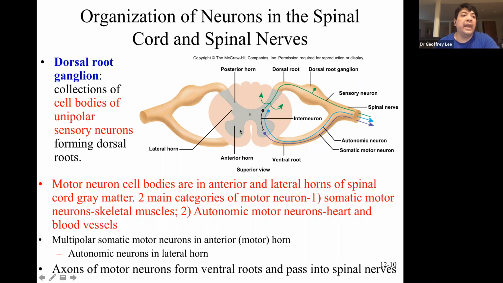Cell bodies in the anterior horn will have motor functions for our skeletal muscles. So cell bodies in the anterior horn are for our somatic motor neurons that exit out and go right to the target muscle. Perfect. If you understand those, you'll be in pretty good shape.